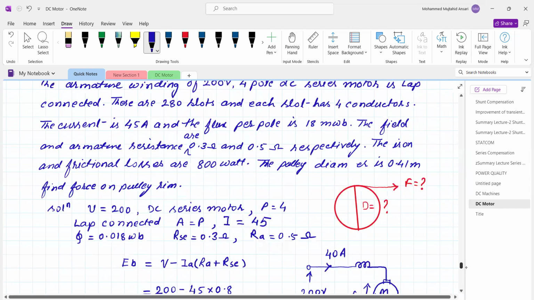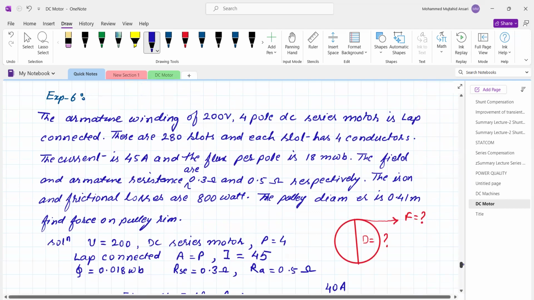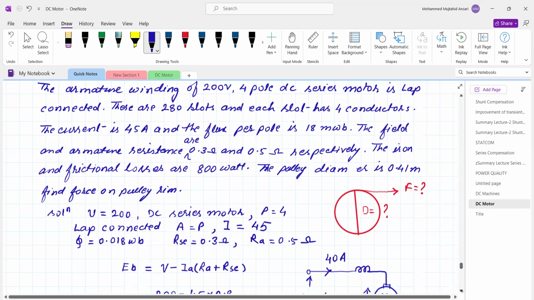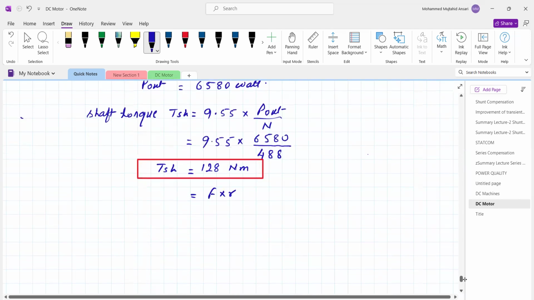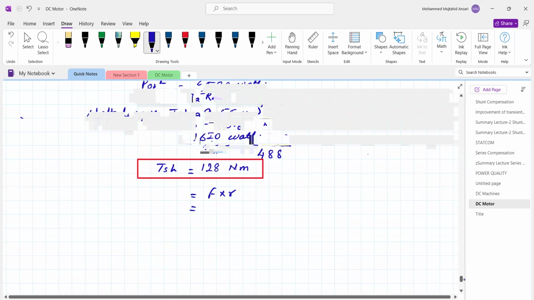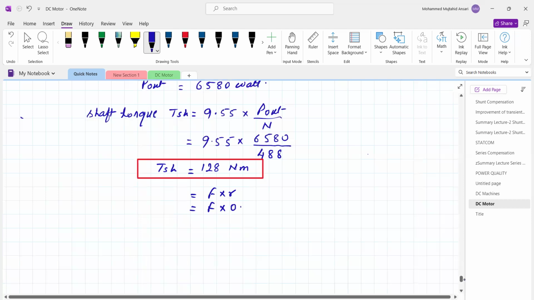The diameter of the pulley is 0.41 meter, so the radius is 0.205 meter, and the torque is equal to 128 Newton meter.